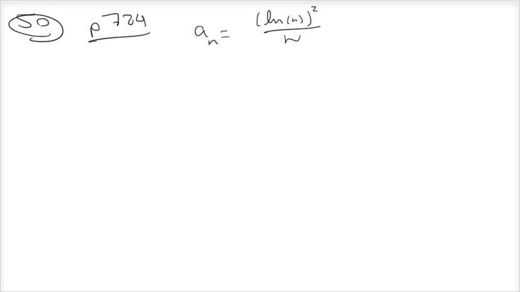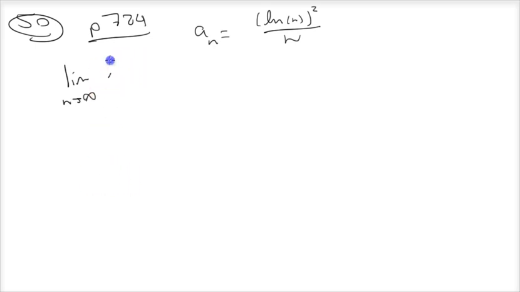So when we take this limit, which we're going to need to do to figure out whether this sequence converges or diverges, this is going to be a little trickier to solve. We're going to need to do some L'Hopital's rule. So let's get right to it. In order to figure out whether or not this converges or diverges, we're going to need to take the limit of the sequence and figure out if we get a real number.